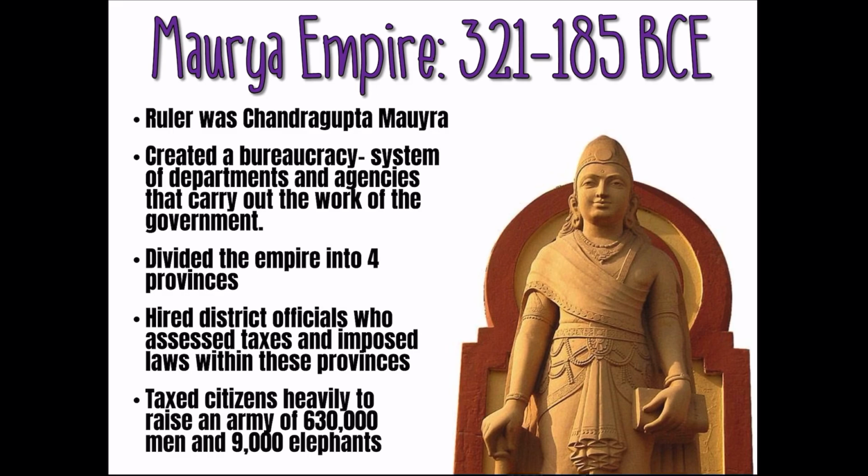His tax system required tax workers to collect 25% of crops raised by farmers, and then they also collected a sales tax on different goods. Now, yes, he used some of the money responsibly, but on the other hand, Chandragupta was also the type of ruler that used that money to support his lavish lifestyle.